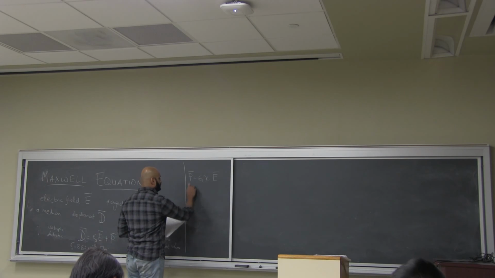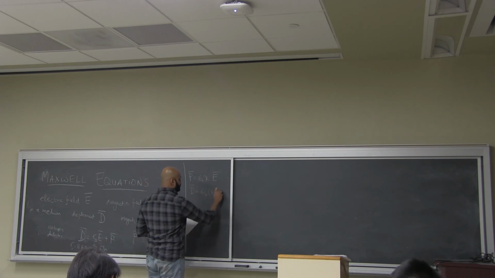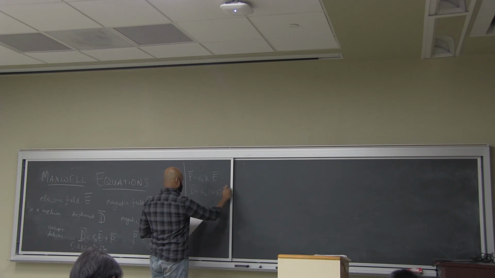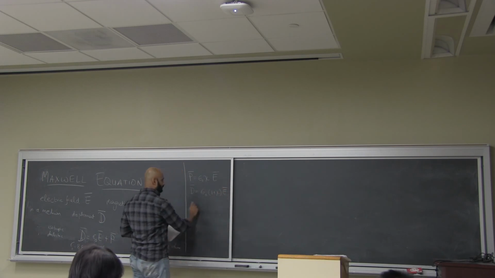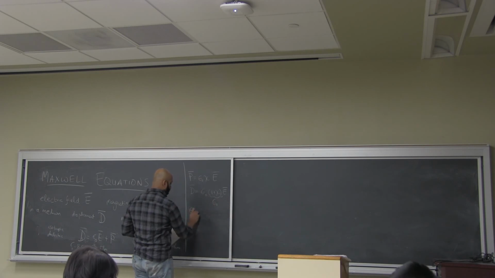D is then simply epsilon naught times (1 plus chi) times E. Therefore we define this quantity epsilon r, which is the relative permittivity.